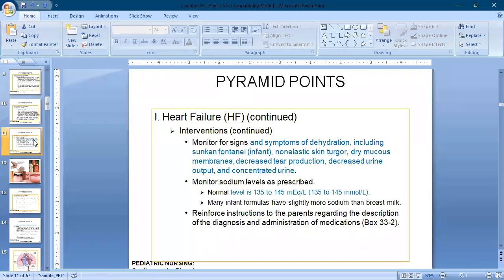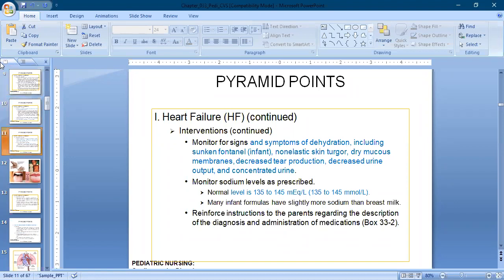So now, sodium is also a very important electrolyte. We have to check the sodium level as well. So the question comes, what is the normal sodium level, right? The normal sodium level is 135 to 145 milliequivalent, right?